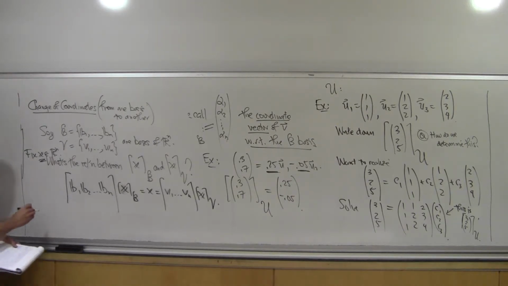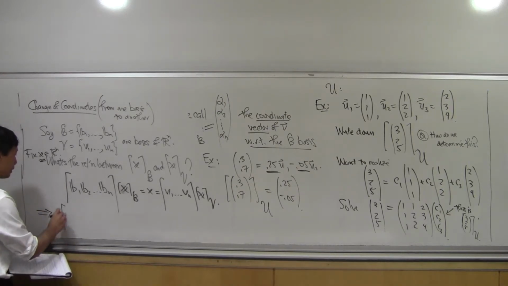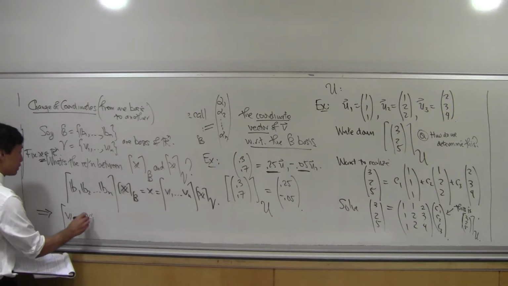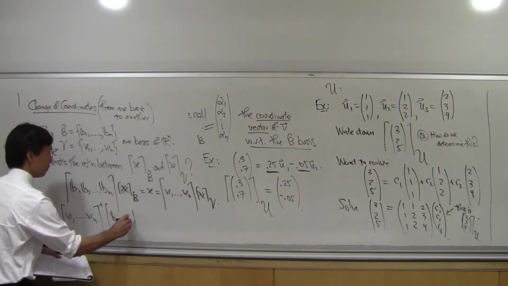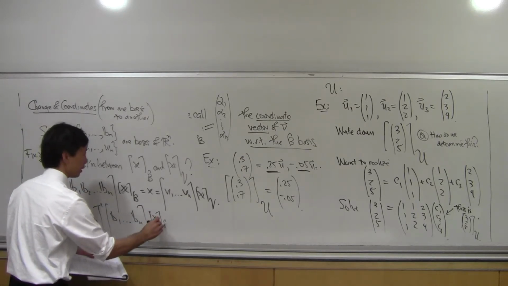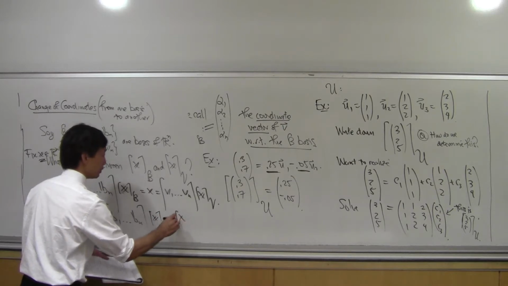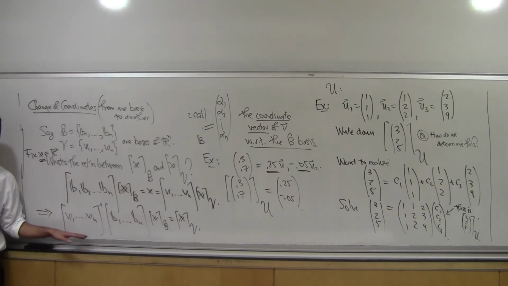Right? So, if I take the inverse of the V matrix and multiply that by the V matrix, that product is what's going to get me from one coordinate system to the other coordinate system. Right?